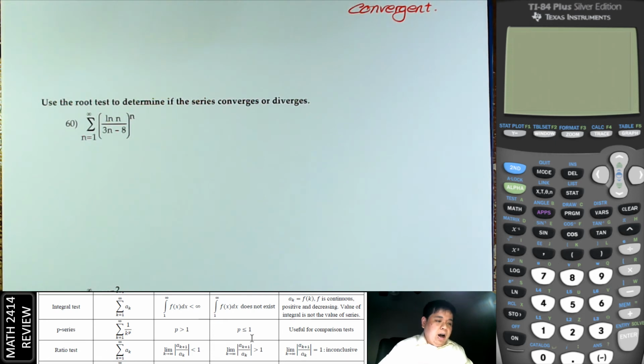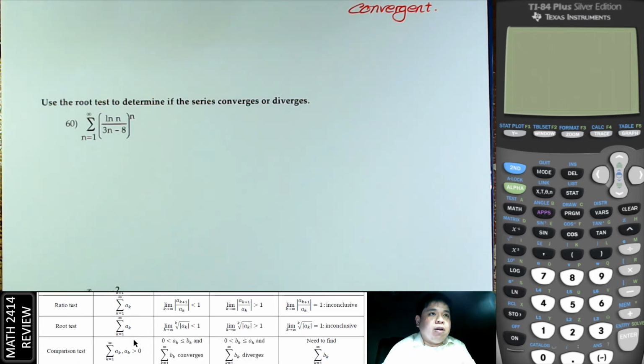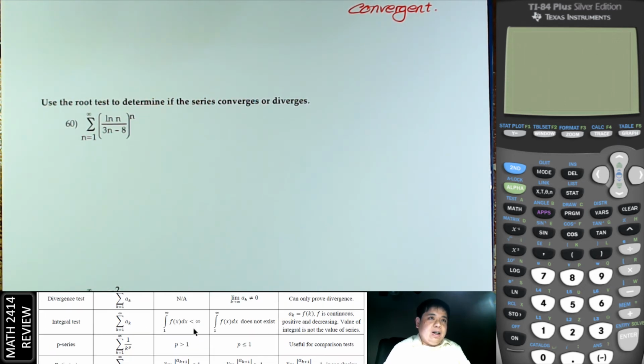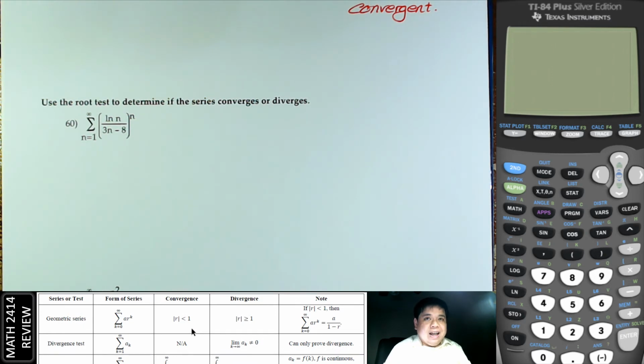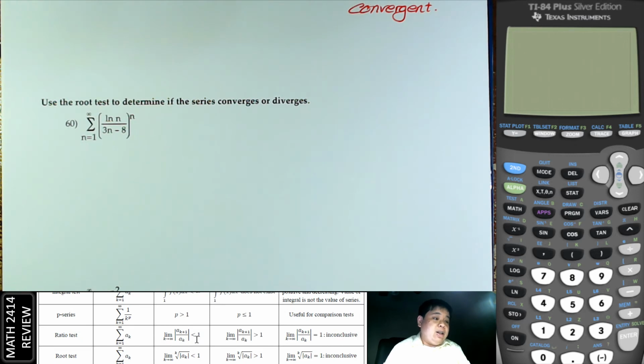Next, use the root test to determine if the series converges or diverges. So the root test is pretty much we take the root of k, and if that equals something less than 1 as k goes to infinity, that is convergent.